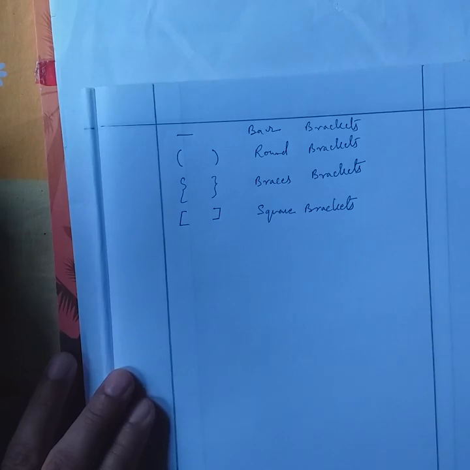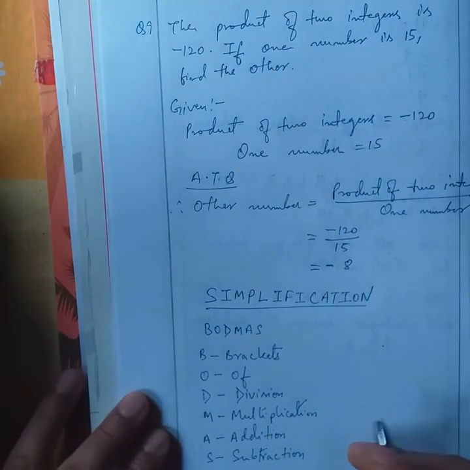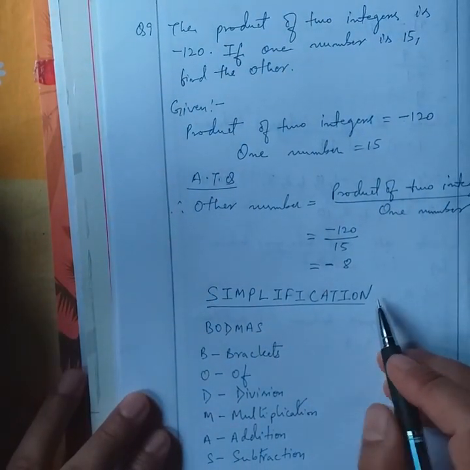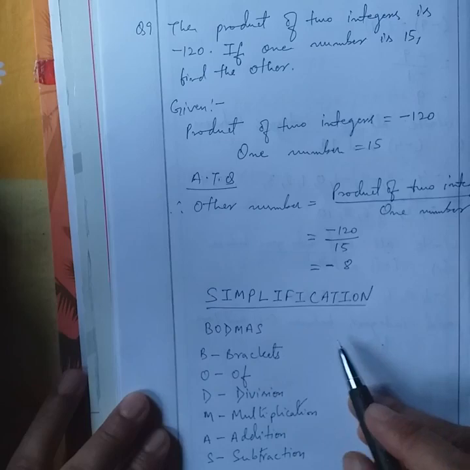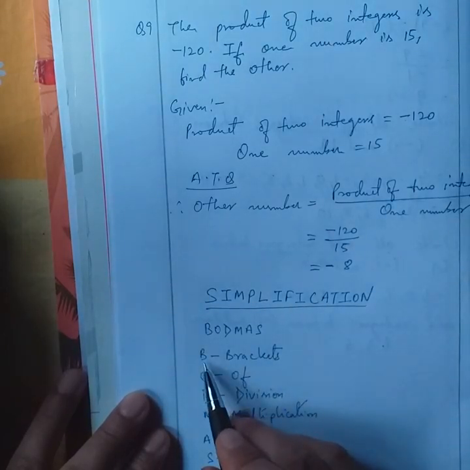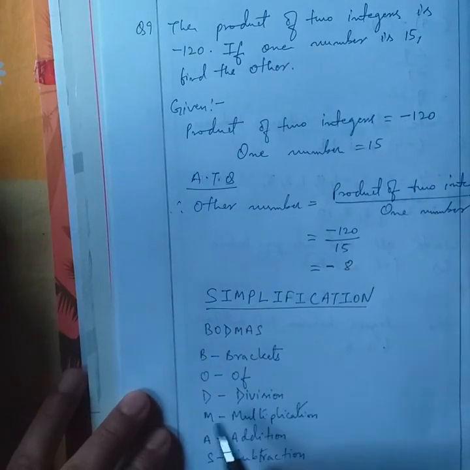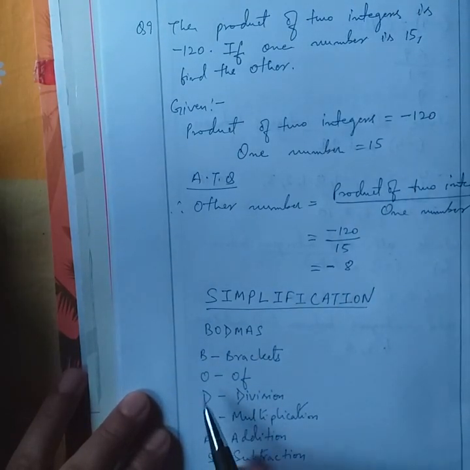So here we can see the rule we will use to simplify is BODMAS. Here in BODMAS, first we will solve inside these brackets. Then we will follow this sequence of divide, multiply, add and subtract.